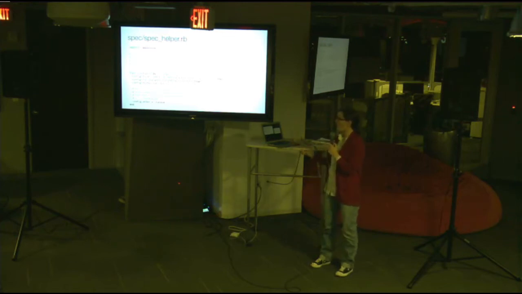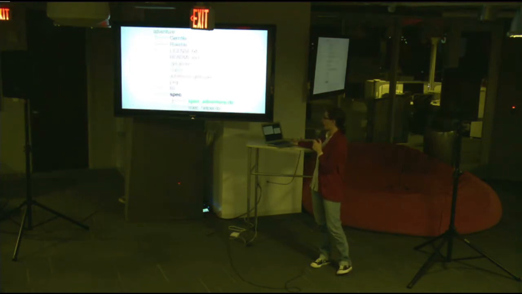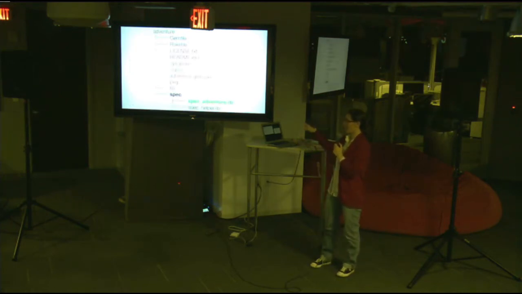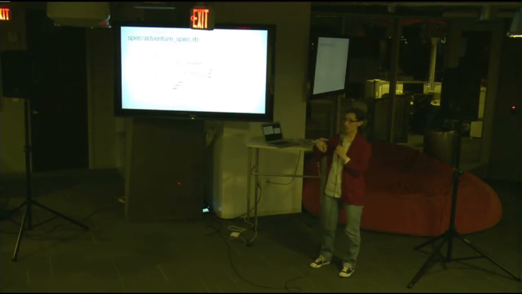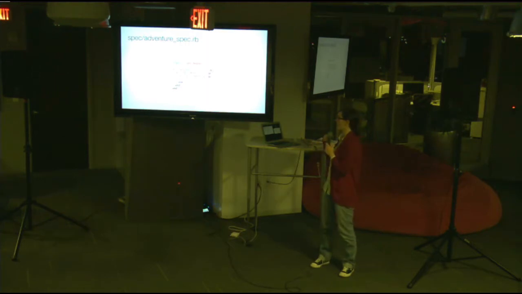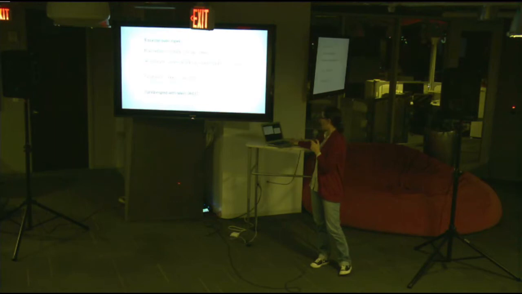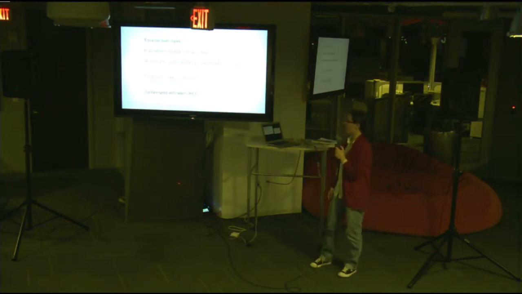And so we're just going to require our gem in the helper file, which should allow us, when we make our spec adventure file, to just require the helper, and then as per usual, we'll write our tests. We're going to describe some stuff, and it's going to do something. And then we can bundle exec rspec, and our test should run.